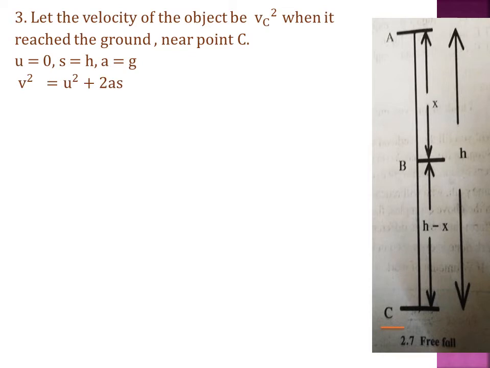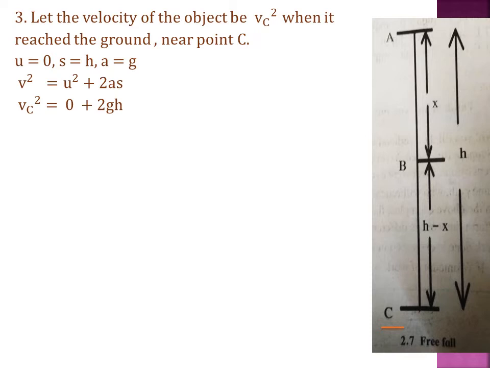Now we will put the values in it. Here we are finding velocity at point C. So Vc square is equal to 0 plus 2gh. Now 0 plus 2gh will be equal to 2gh. So Vc square at point C will be equal to 2gh.